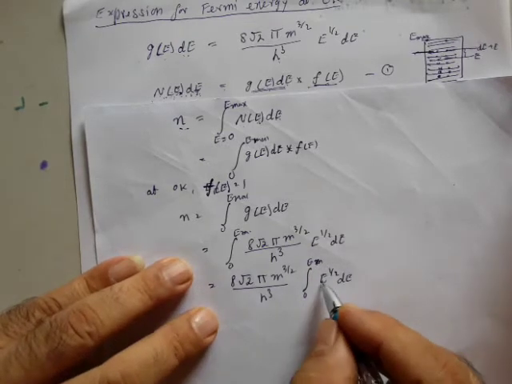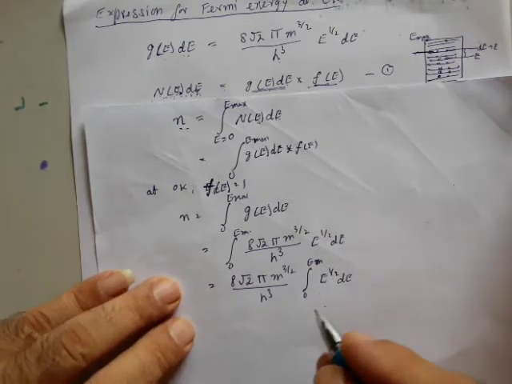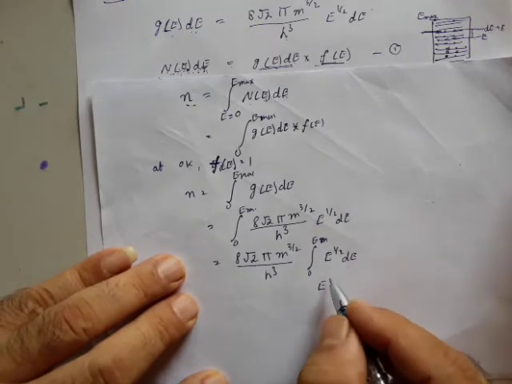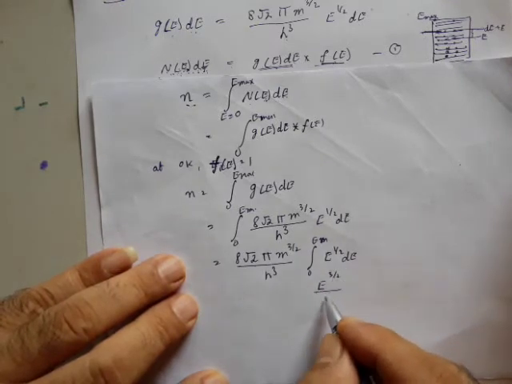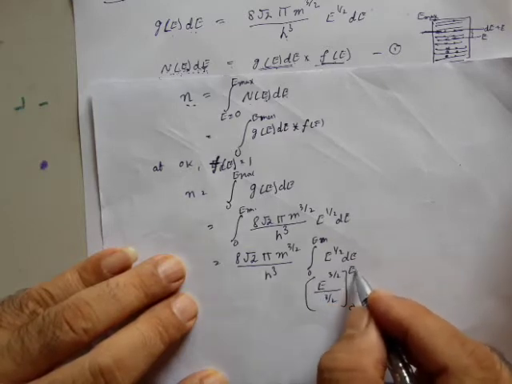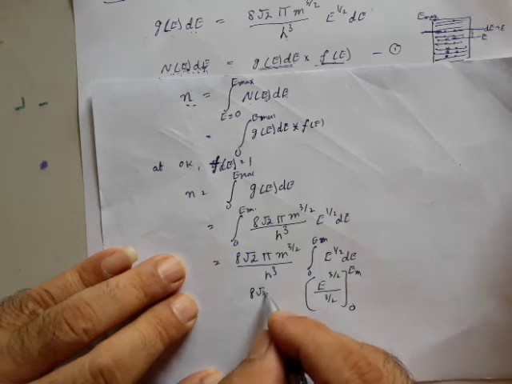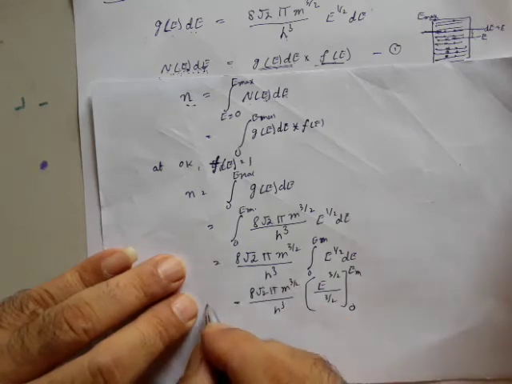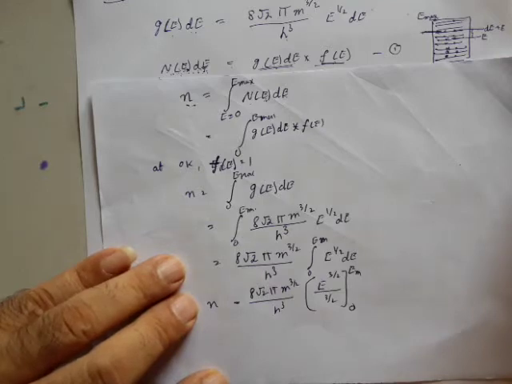I am sure you are aware that the integration of E to the power half is E to the power half plus 1, divided by 3 by 2, from 0 to E maximum, and the constant 8 root 2 pi m to the power 3 by 2 divided by h cube I can write as it is. This is going to give you the number of electrons.